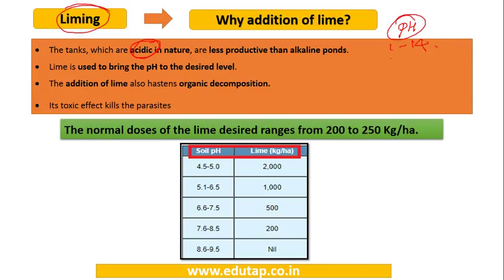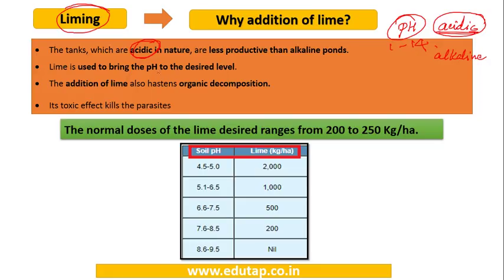If the value is less than 7, it is acidic, and if it is greater than 7, it is alkaline in nature. An acidic environment is not good, it is less productive. The decomposition stops if there is so much acidity. So we need to make sure that a balance is created.